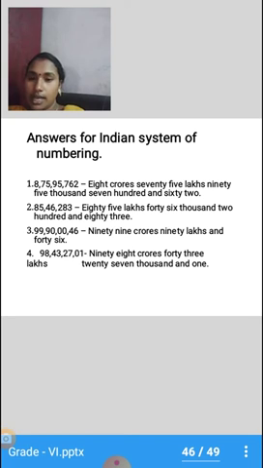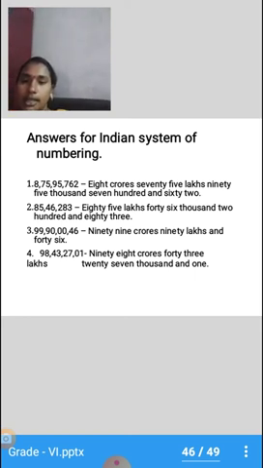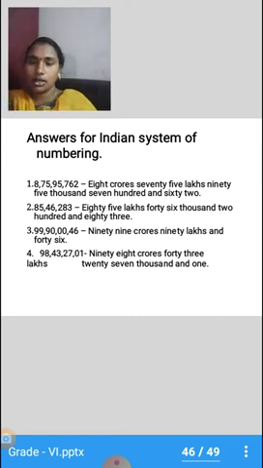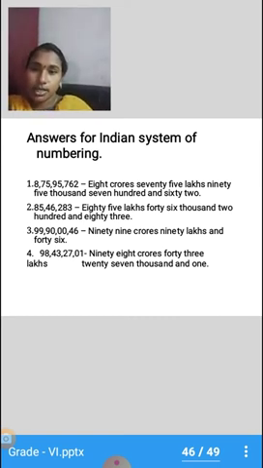So the last number will be 98432701. So 1 will be in ones place, 0 in hundreds place, 7 in thousands place, 2 in 10,000s place, 3 in lakhs place, 4 in 10 lakhs, 8 in crores, 9 in 10 crores.